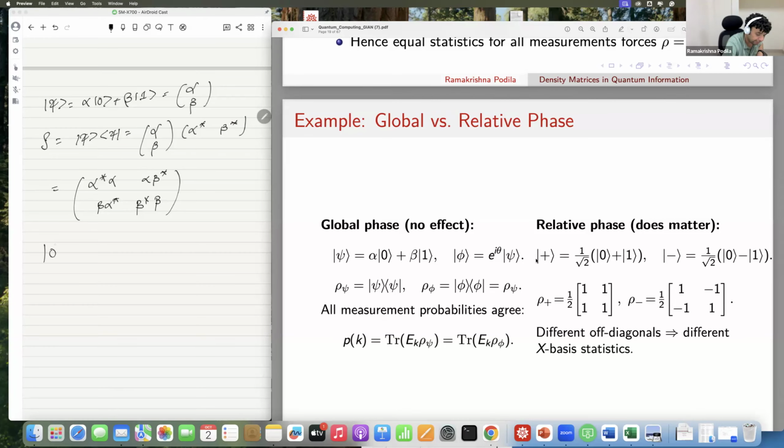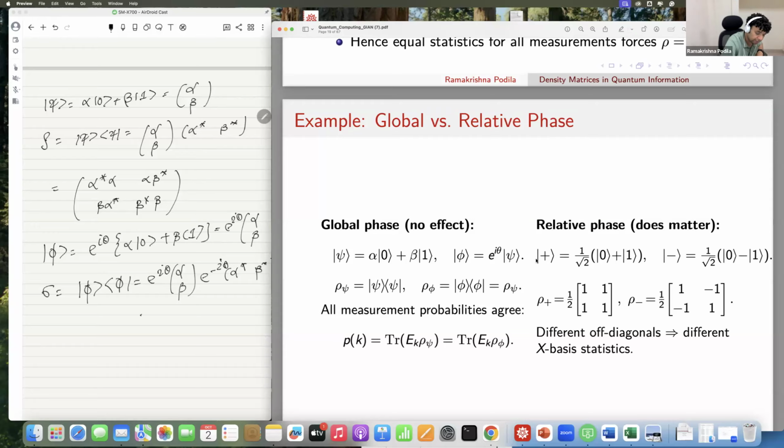Now, if I do that for phi, which is e to the power i theta multiplying alpha |0> plus beta |1>, then my vector would be e to the power i theta (alpha, beta). So when I compute sigma for phi, I would have e to the power i theta (alpha, beta) and e to the power minus i theta (alpha star, beta star).